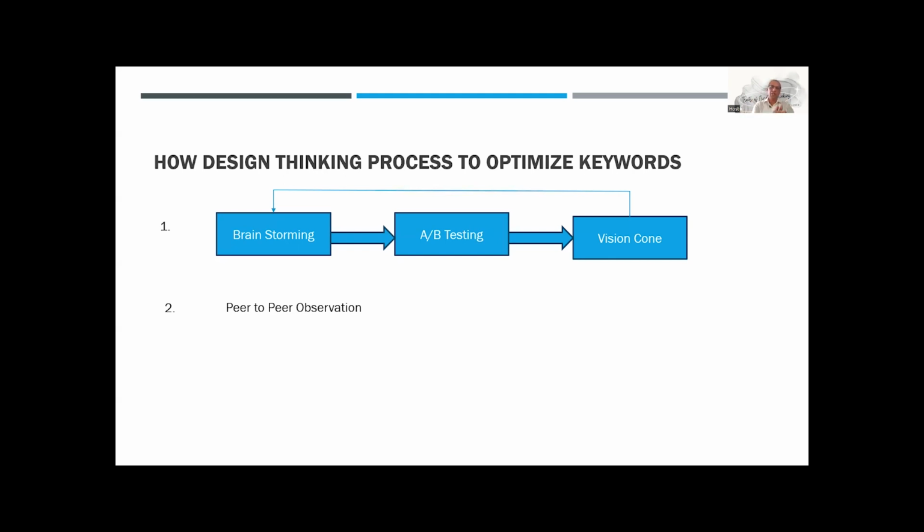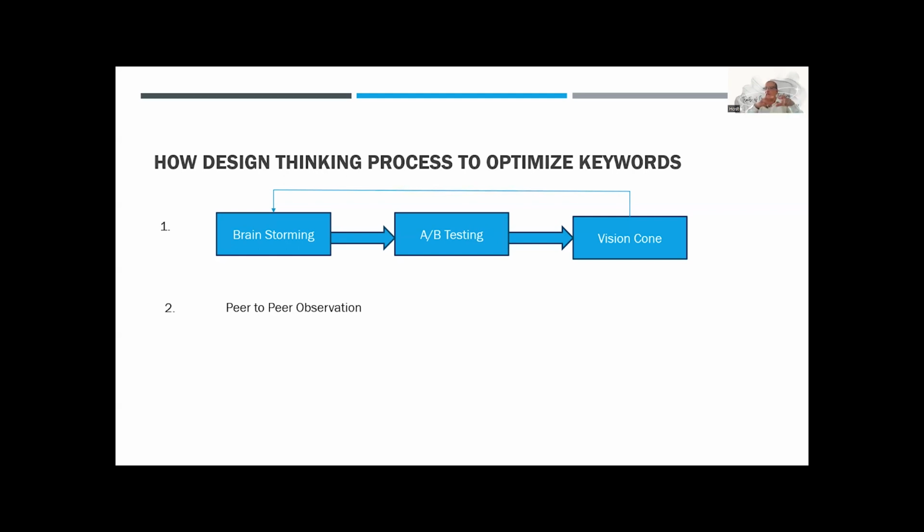The process usually goes with brainstorming, then testing how the website behaves now compared to the previous one, and then vision coding. Vision coding is something like what we were in the past, and what we are doing in the present. Taking this optimization of keywords, what kind of keywords did we use 6 months back?